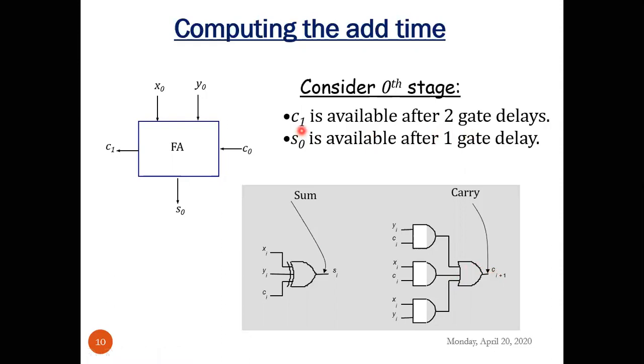Now, in our example, we have considered 4-bit addition. That means 4 stages of addition. 4 full adders will be connected in a cascade connection. Now we have to see the overall delay required to generate a 4-bit addition.